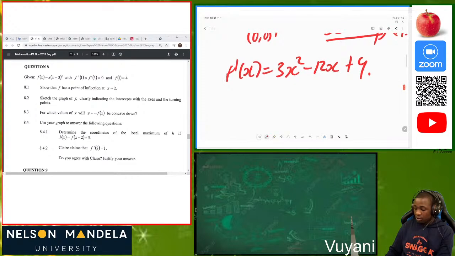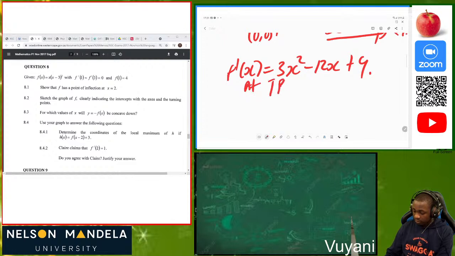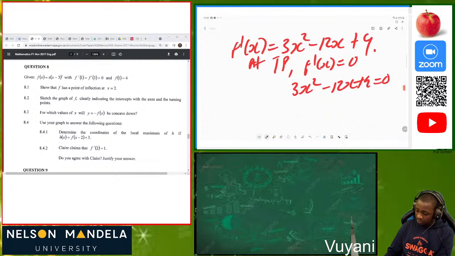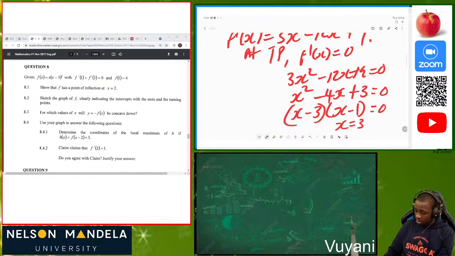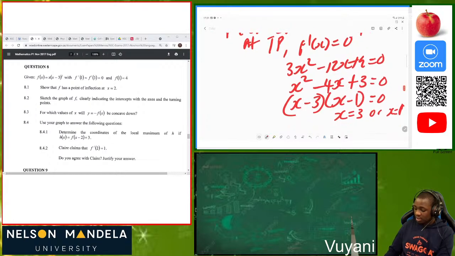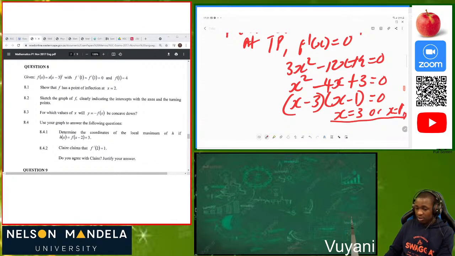If we equate it to 0, because at a turning point f prime of x is equal to 0, we have 3x squared minus 12x plus 9 equal to 0, which is the same as x squared minus 4x plus 3 equal to 0. Then (x minus 3)(x minus 1) equal to 0. So we end up having x is equal to 3 or x is equal to 1. These are our two values for the turning or stationary points.